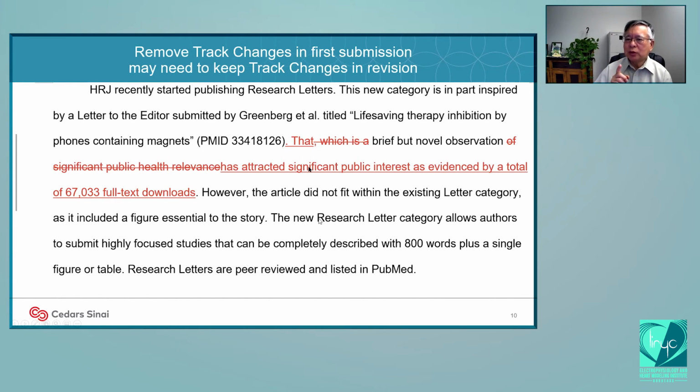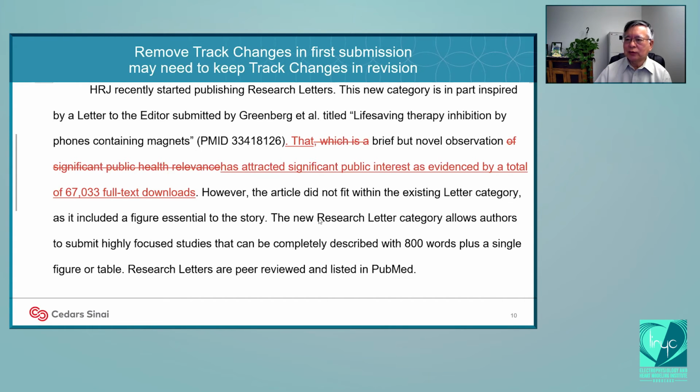However, there is one important thing. When the paper comes back for you to do the revision, make sure you use track change mode, because many journals request you submit two versions of the paper, the Word files, during resubmission. One version is a clean version that goes to the printer. The other version includes all your changes.